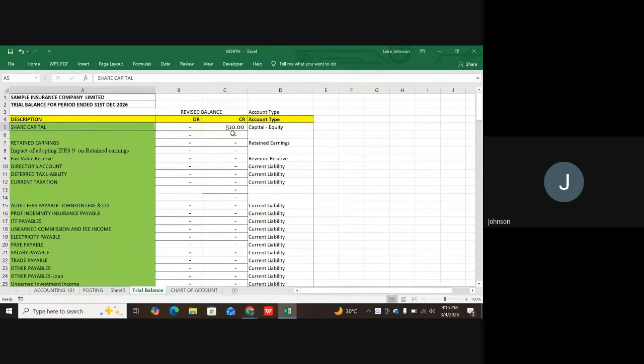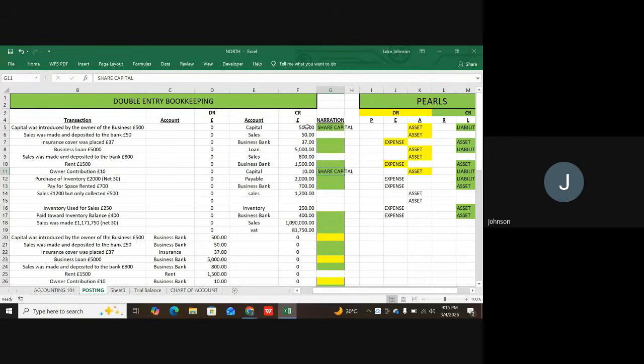Our trial balance is now telling us that we have 510 as our share capital, which makes sense because it has been linked. Let's come back to our posting. Our capital is actually 500 here, and here is 10, making it 510. Makes sense. Are we together?